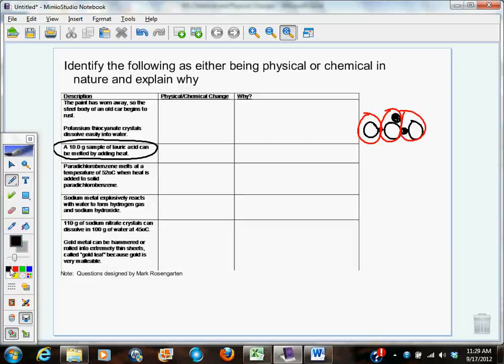Now, when we go ahead and heat this, or melt it, what happens is that the lauric acid molecules, which were in a lattice before, are now kind of starting to spread out a little bit. They'll be towards each other.